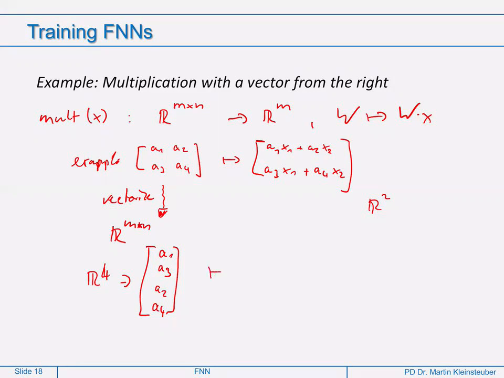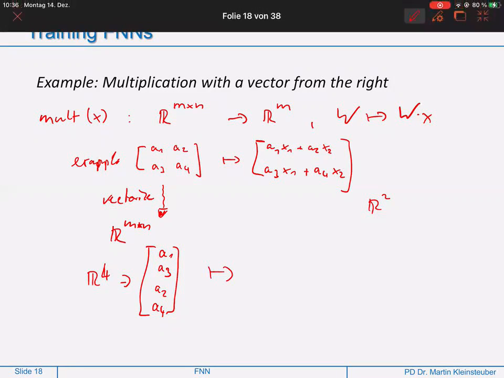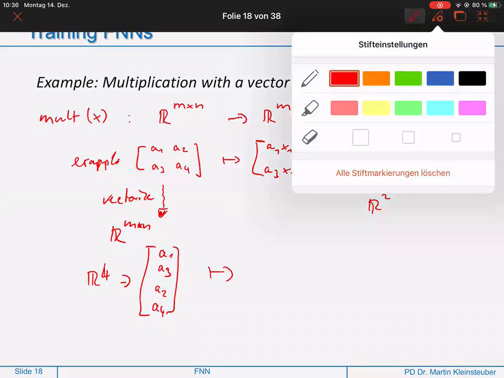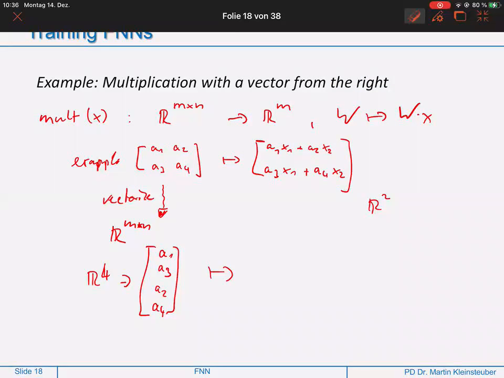And this is mapped to this here. And now we have a function from R4 to R2.